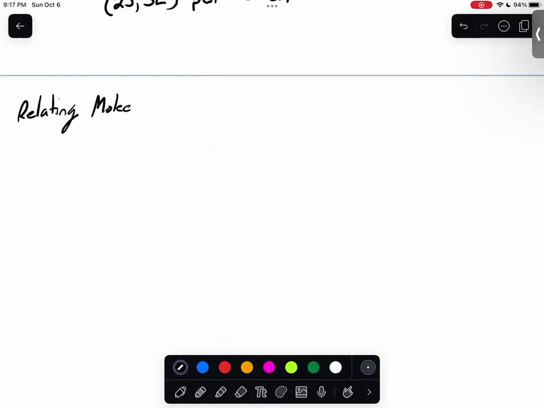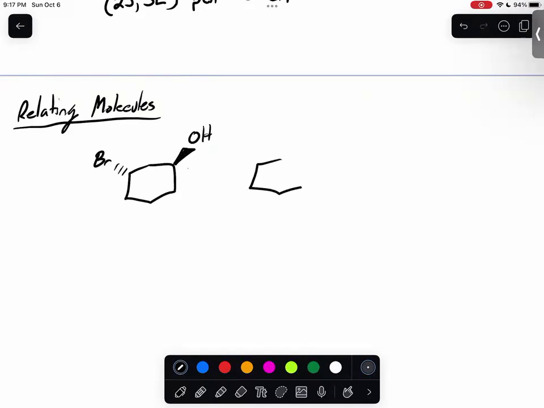And so you've already done a little bit of this in the previous week's assignment, but this time we're going to extend it a little further, because what we're essentially asking is you're going to have two molecules and you're going to have to ask yourself, how are these two molecules related? Right? So let's say you're given these two molecules as an example. So how are these related?